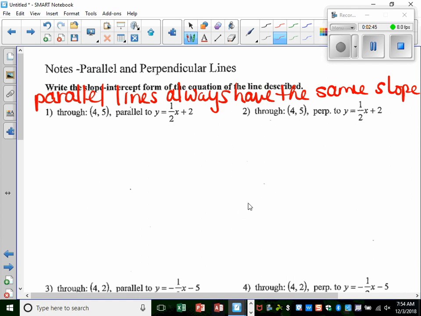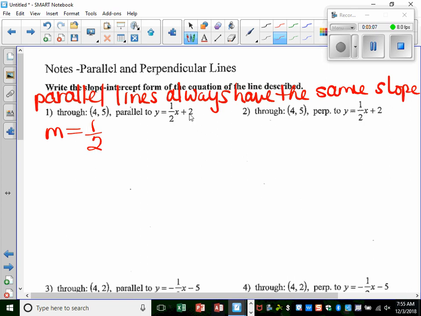And I'll show you how you determine the slope for a perpendicular line. But for a parallel line, if it says the word parallel, then you know it's going to have the same slope. So I already know that I'm looking for an equation, another line that's parallel to this, which means it has to have the slope of 1/2.